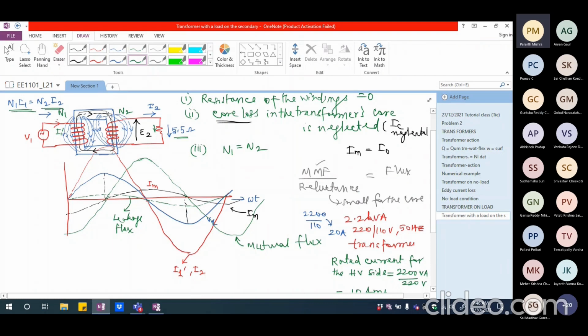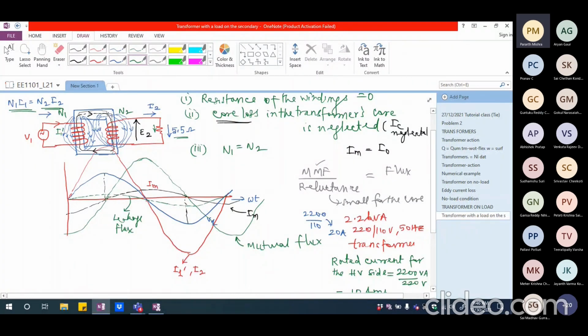So I am going to have always the leakage flux dependent upon how much is the current that is flowing through the secondary winding or load. So the load current dictates how much is the leakage flux, whereas the magnetizing current dictates how much is the mutual flux.